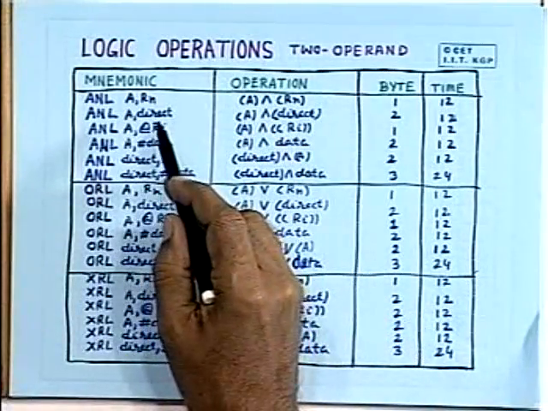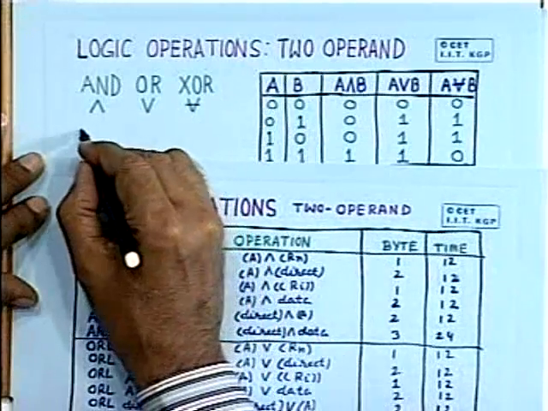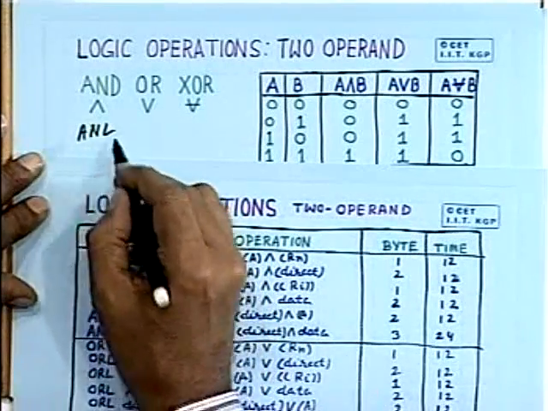For example, here the AND operation is represented by the mnemonic ANL, and logic.